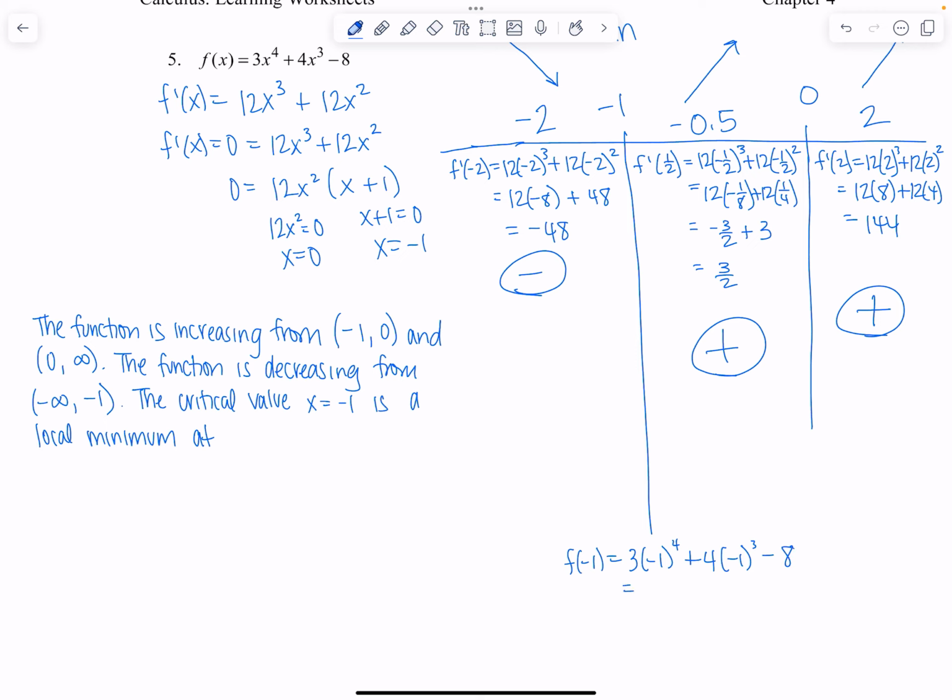So we'd have 3 minus 4 minus 8, -9. And x equals 0 is not a local extrema.